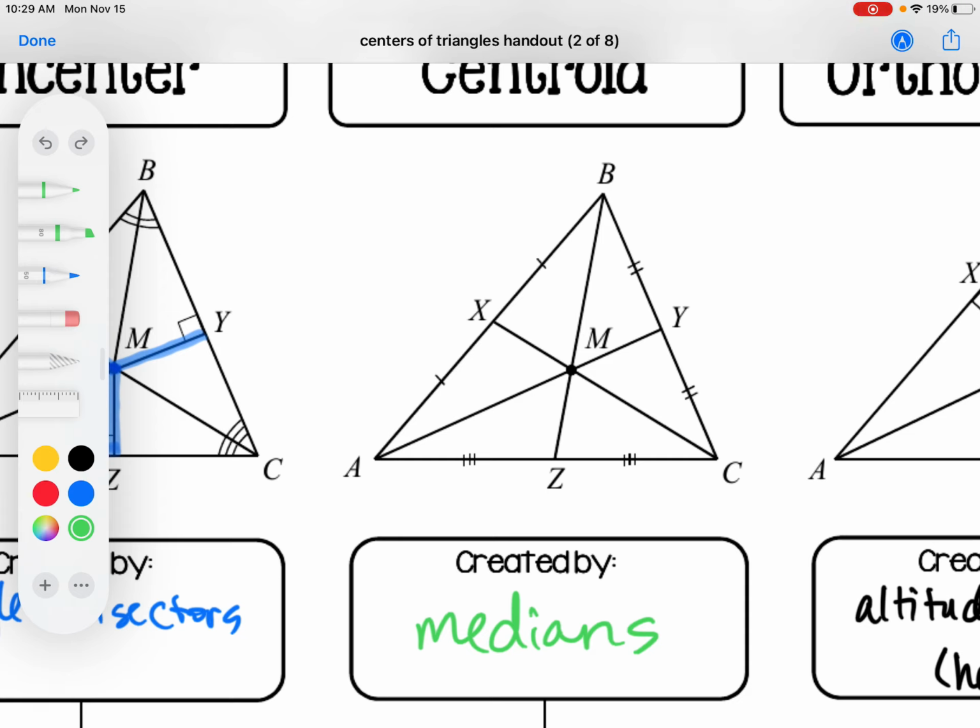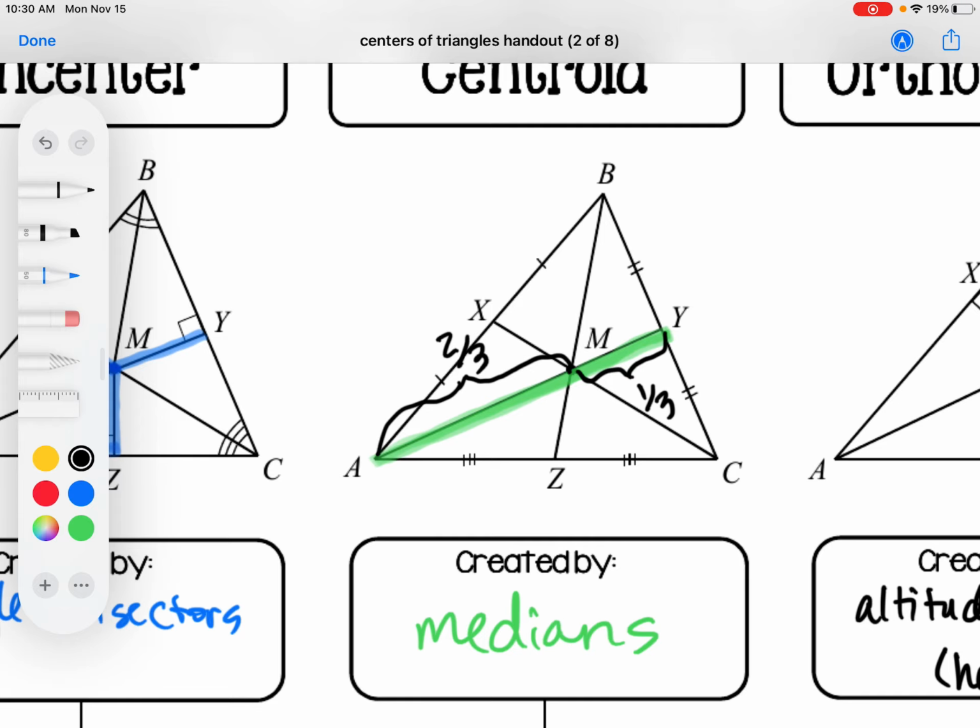On the inside of this picture, the way this works out with a centroid is that if we are looking at this whole entire median going across right there, all the way at AY, if you take this longer chunk, AM, from A to M, that is 2/3 of the length of the whole entire thing. This smaller chunk right here, MY, is 1/3 of the entire length.